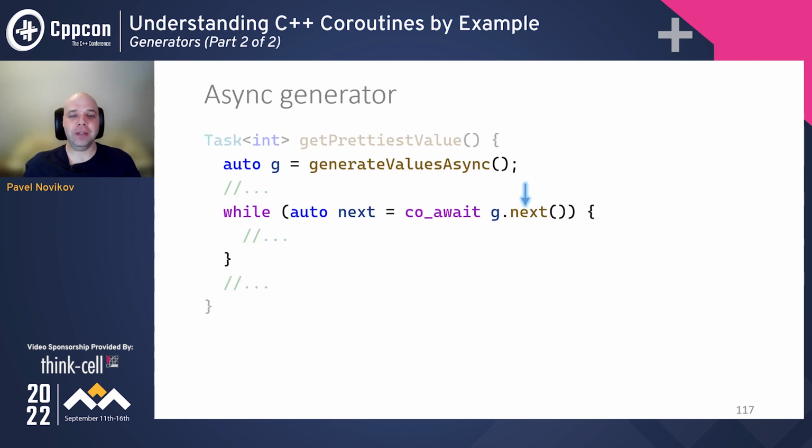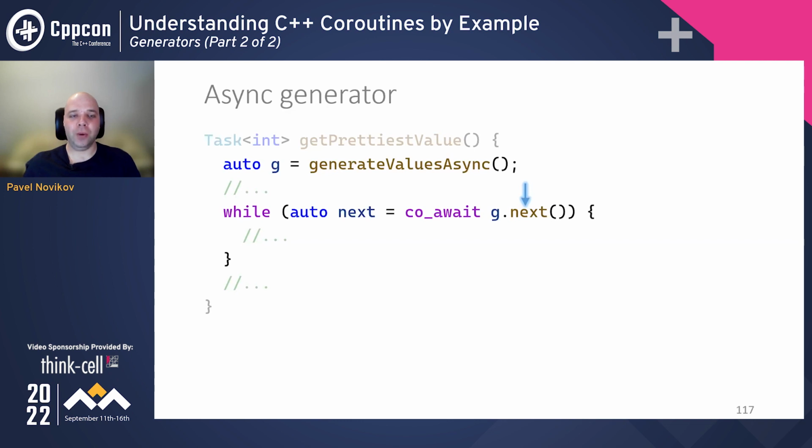I'm sorry, that is not right. So depending on the state of the generator, if the generator is suspended not at the point of co-yield, at this point our coroutine can be suspended.